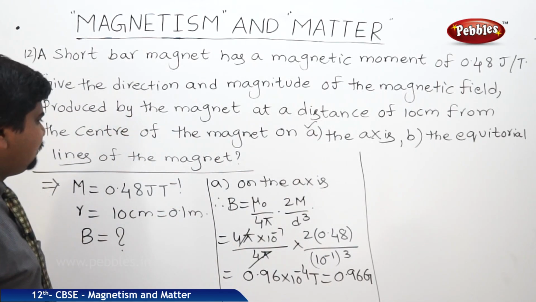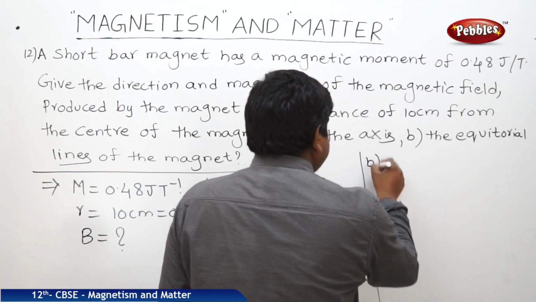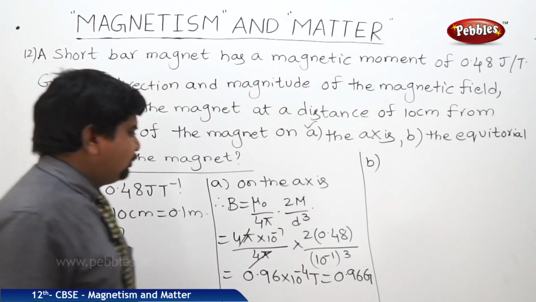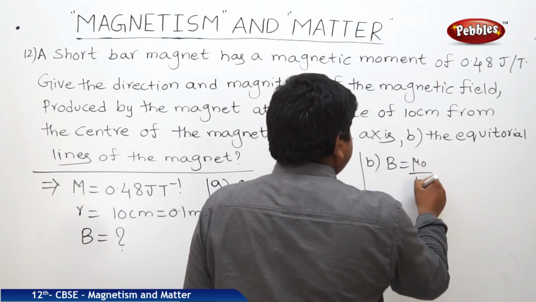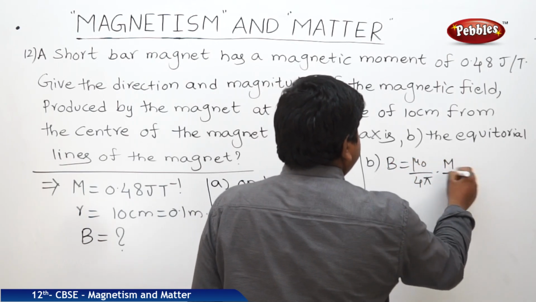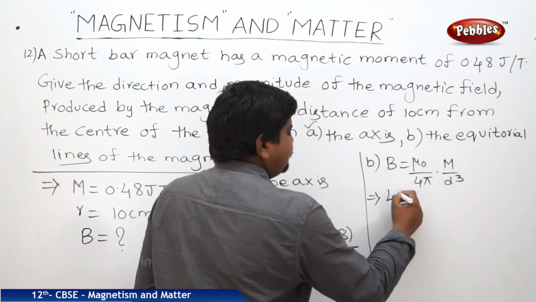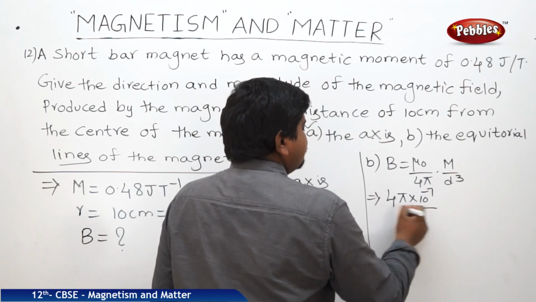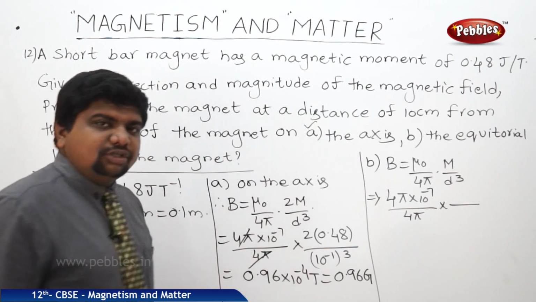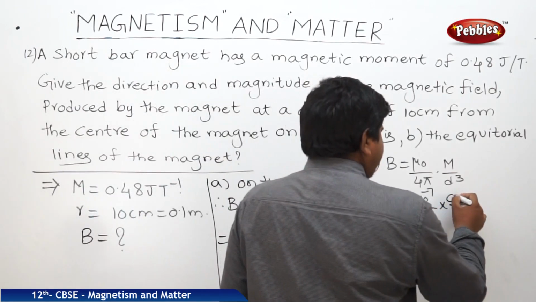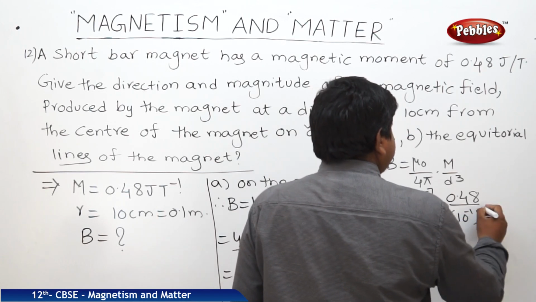Second bit, the equatorial lines of the magnet. So we should find out the magnetic field along the equatorial line. B is equal to mu naught by 4 pi again into M by d cube. Again it is 4 pi into 10 to the power of minus 7 by 4 pi into M, which is 0.48, by d cube, 10 to the power of minus 1 whole cube.